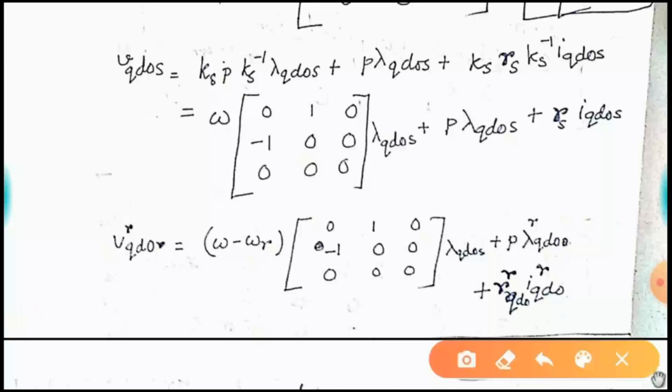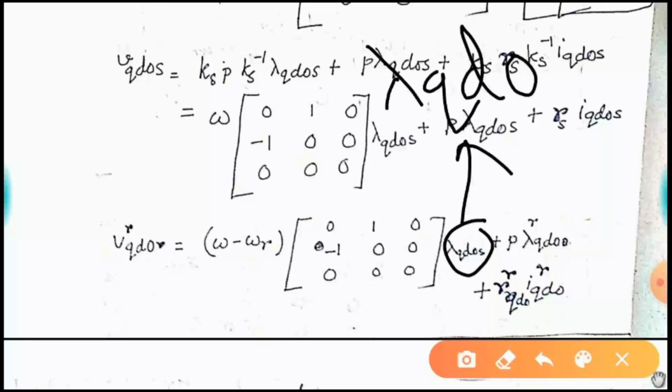But when you are referring the rotor quantity to the stator, here I made a mistake. Here it should be lambda qd0r, not s, and here also it should be lambda qd0r.